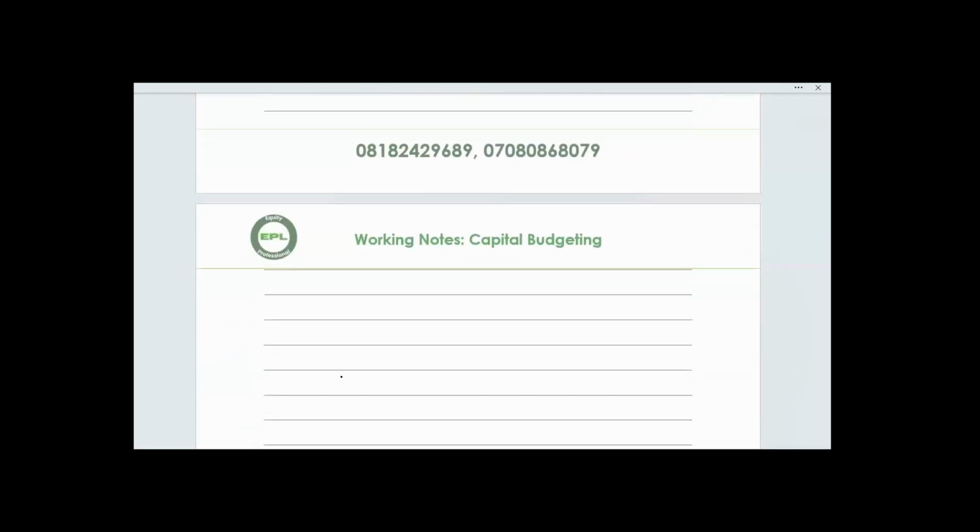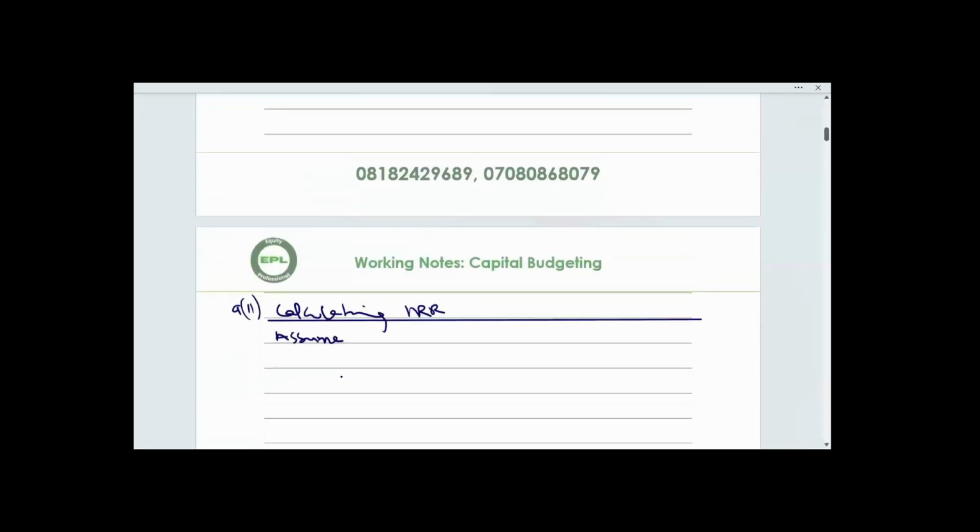So in the second part of the question, you are to calculate the internal rate of return. And I told you that when you are calculating internal rate of return, you are supposed to assume two discount rates that will produce two opposing NPVs.